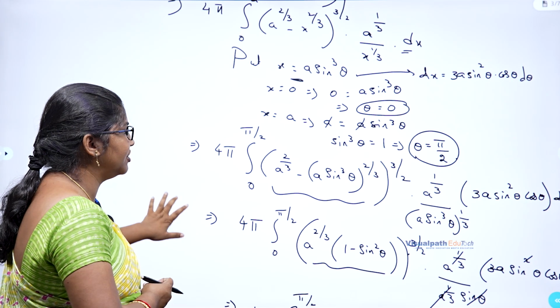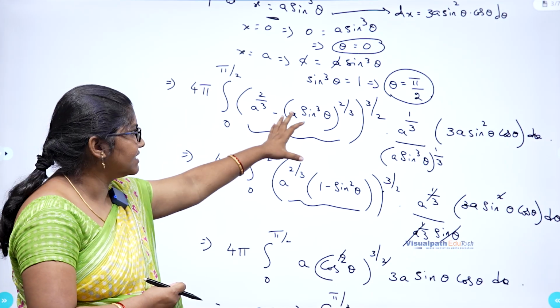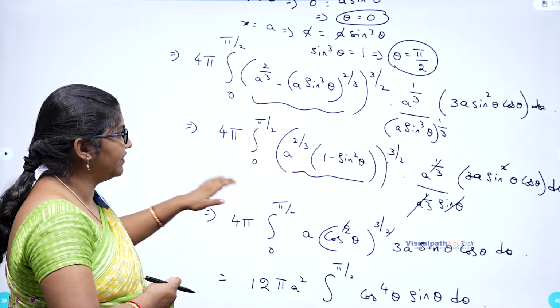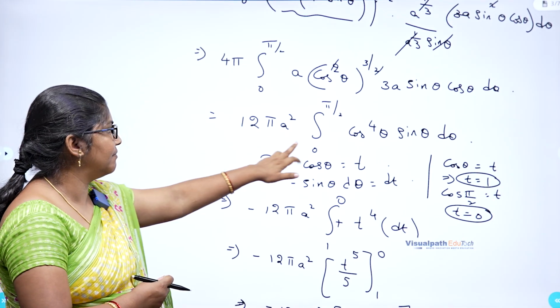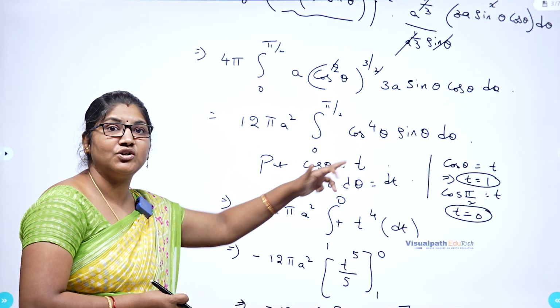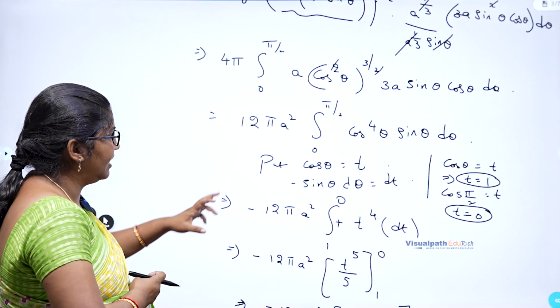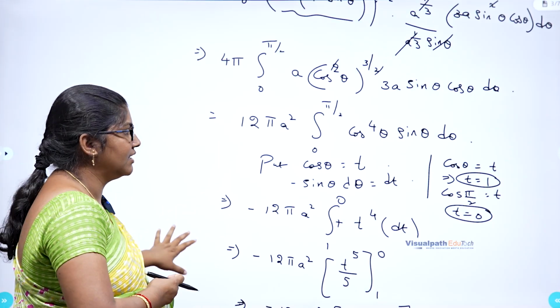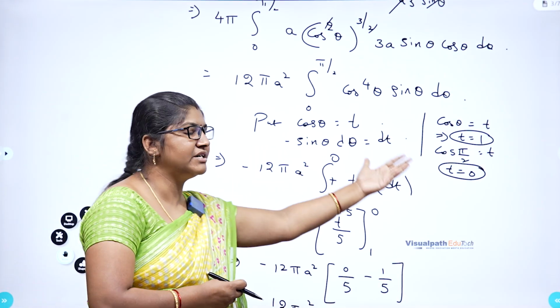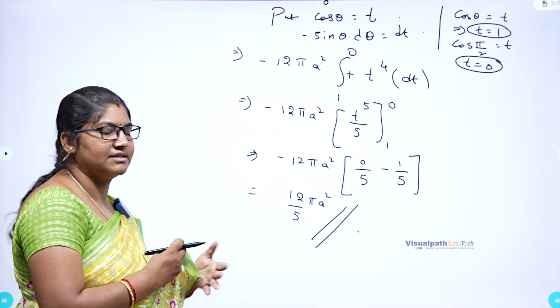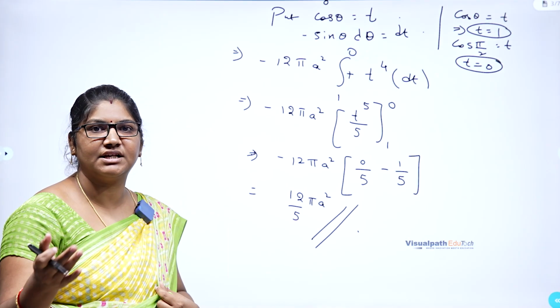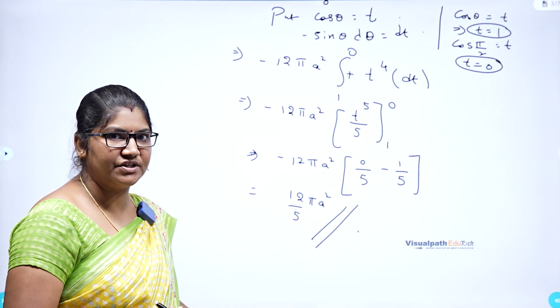Simplification is done, and we remain with this answer. But here also integration is not possible, so here also we applied substitution method. Again substitution means limits will be changed again. This is the final answer. 12/5 πa² is our final answer for the given question.